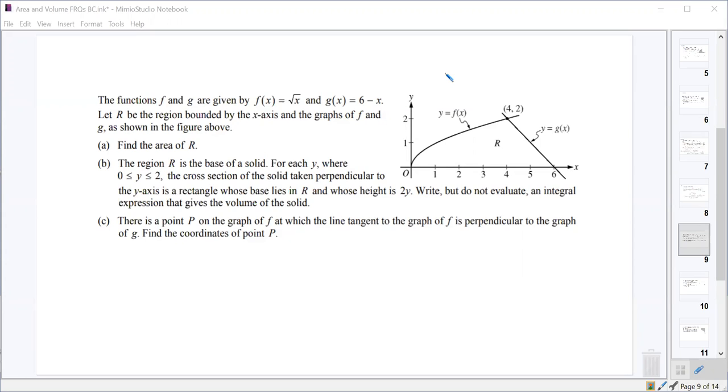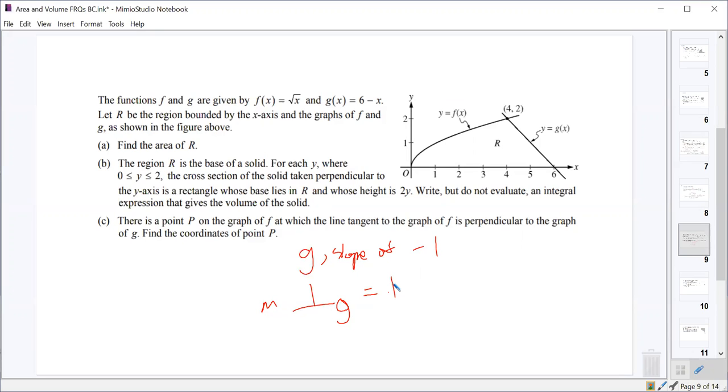All right. Okay, you said part C, is that right? Okay, yes. So part C says there's a point P on the graph of F at which the line tangent to the graph of F is perpendicular to the graph of G. If it's going to be perpendicular to G, we need to find the slope of a line that's perpendicular to G. G has a slope of -1, so the slope perpendicular to G ought to be +1.